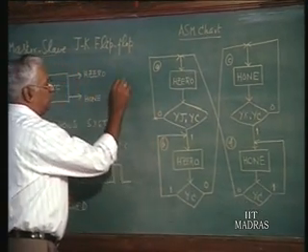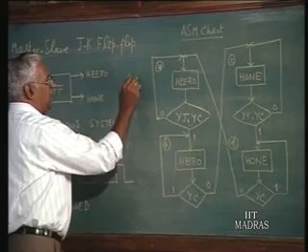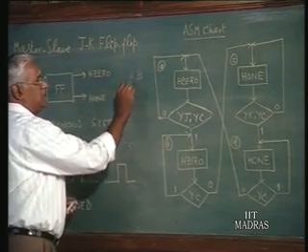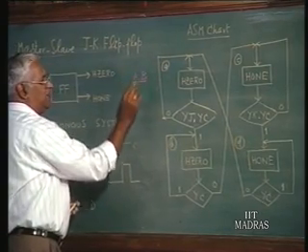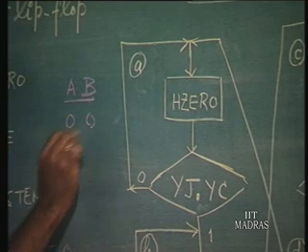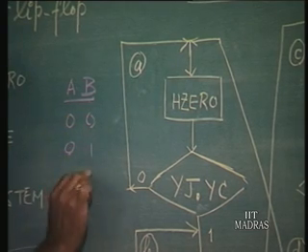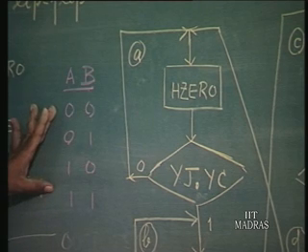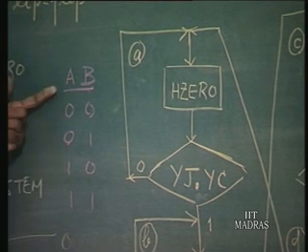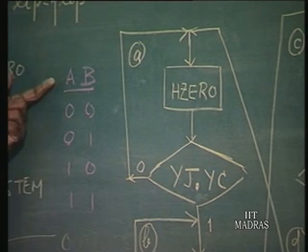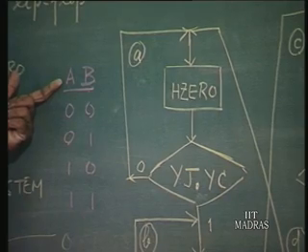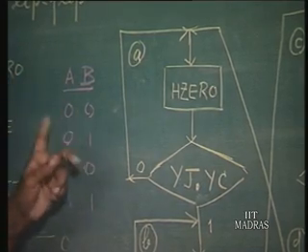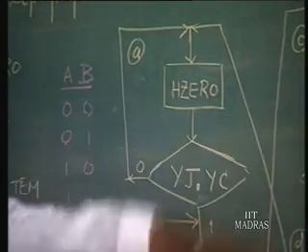If I call these memory elements A and B, then these 2 memory elements can be either in 0 0 or 0 1 or 1 0 or 1 1 states. So there are 4 possibilities. Any specific memory element will be either in 0 or 1. So with 2 memory elements we can represent the whole thing.